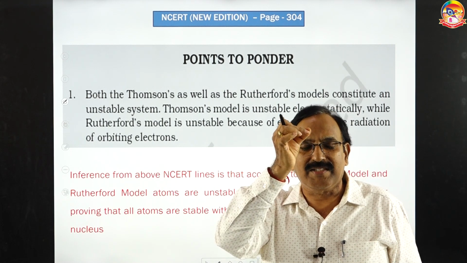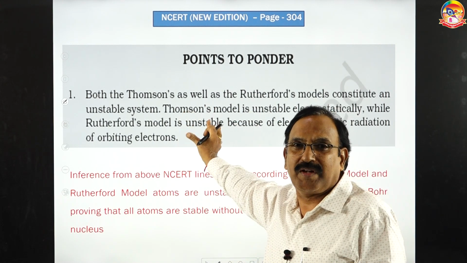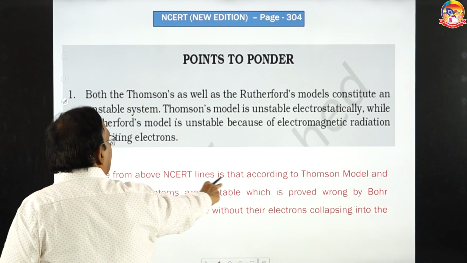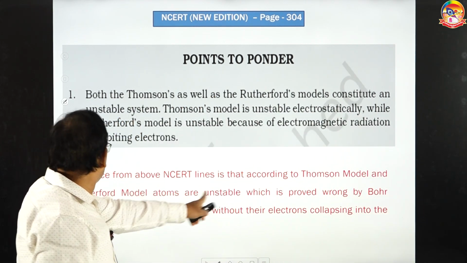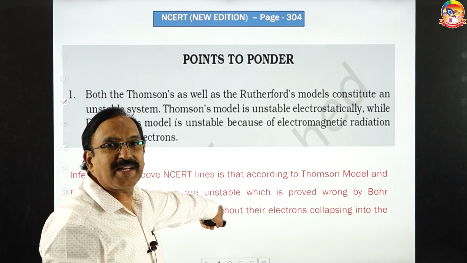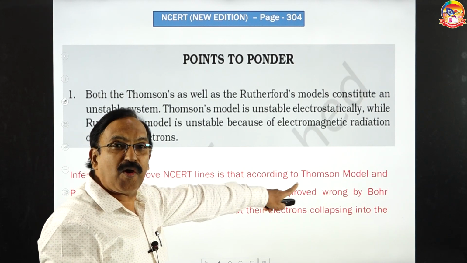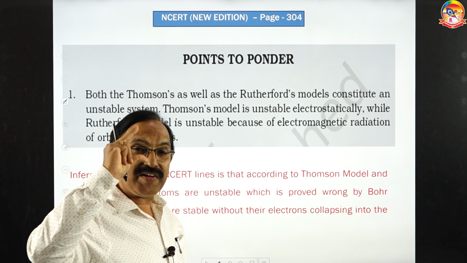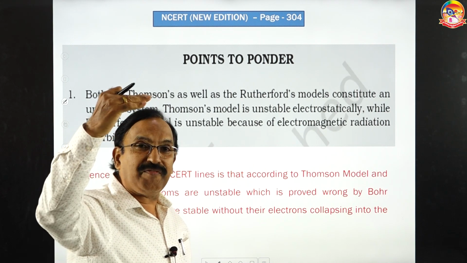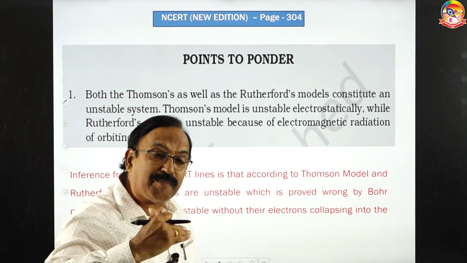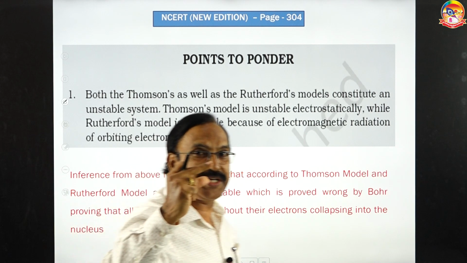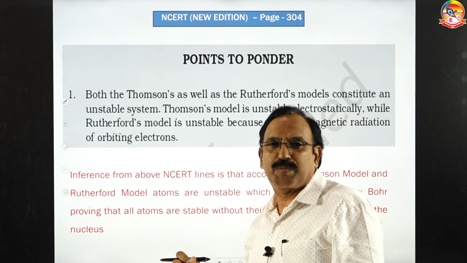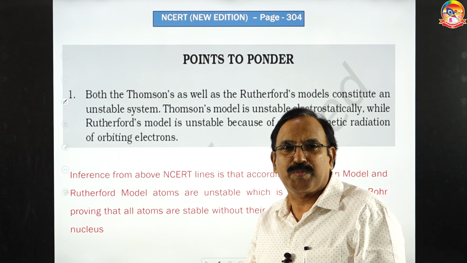The inference from these NCERT lines is that according to the Thomson and Rutherford models, atoms are unstable, which is proved wrong by Bohr. Not only the first and fifth points, but all 7 points from which they have picked up the question from the NCERT textbook are based on Bohr's model.